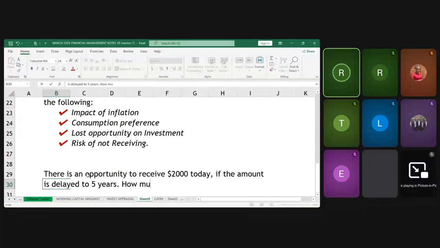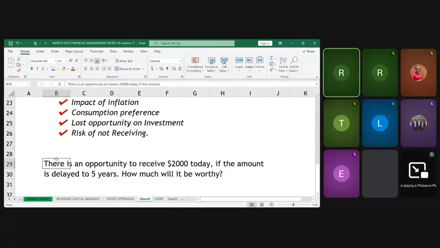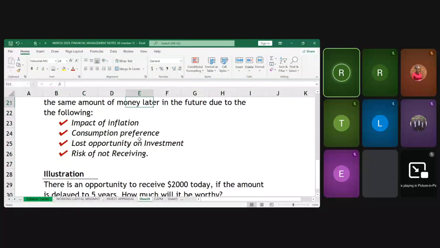How much will it be worth after 5 years? Someone is supposed to give you 2,000 today, but the person is pleading that you receive your money not today, but after 5 years. So what are you supposed to do?